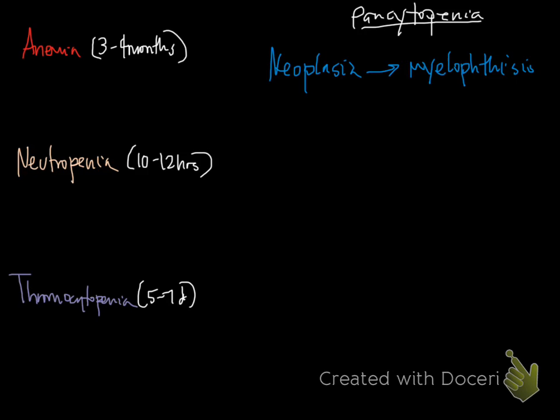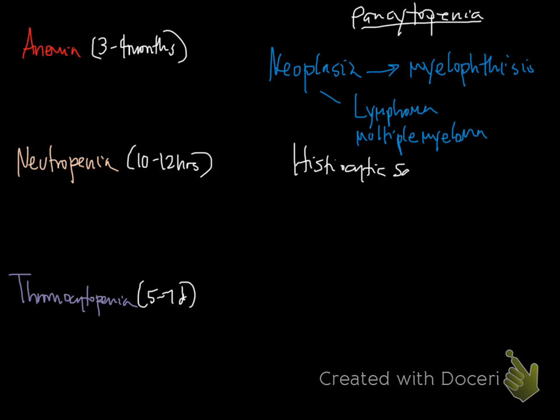Lymphoma is one neoplasia that can do this commonly, although any sort of metastatic neoplasm can also do it. Multiple myeloma, which is a neoplasm of plasma cells, can do it. There can also be a neoplasia which eats the blood cells, and that doesn't necessarily cause myelophthisis, it causes a targeting, and that is histiocytic sarcoma. And that can eat all cell lineages, potentially. It can also cause some crowding out, but less so.